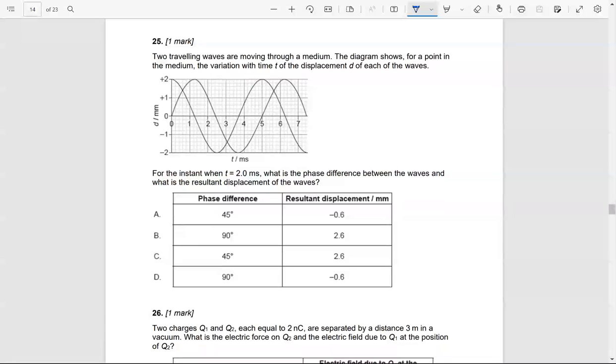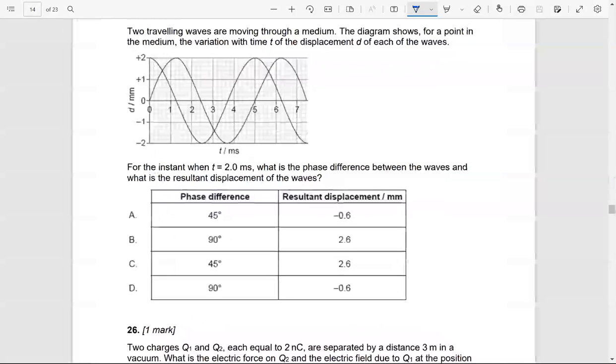And 25 is about traveling waves, moving through time, moving with a medium, in a medium. They're out of phase. They're not on top of each other. We can see that they're not quite in phase. They're actually 90 degrees out of phase.